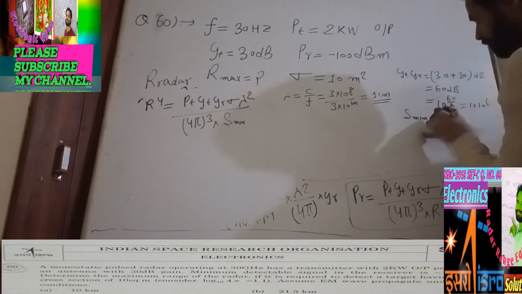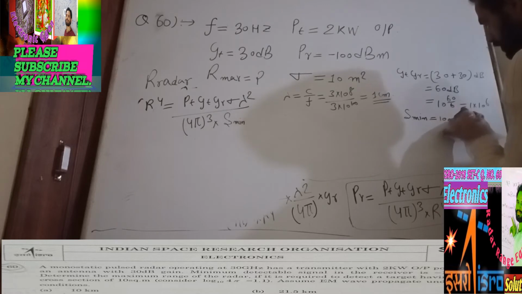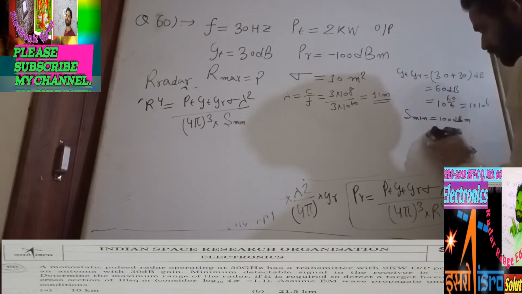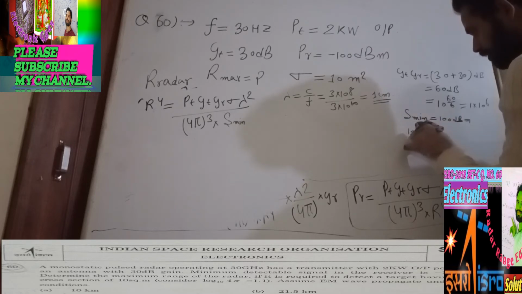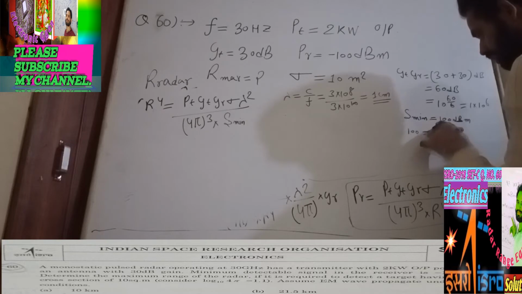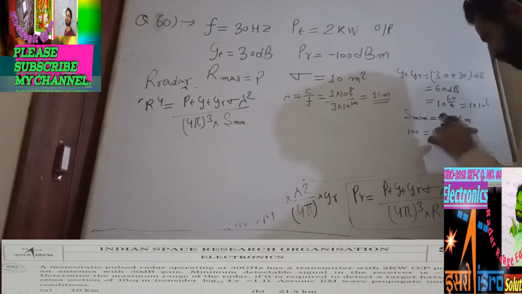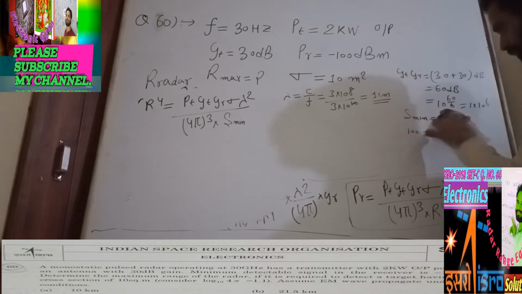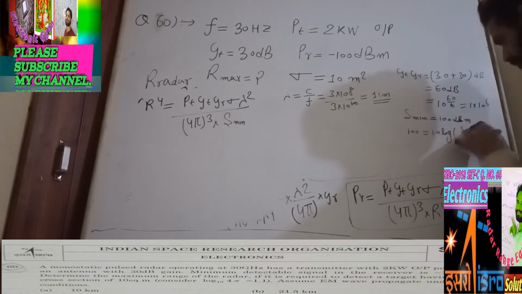Okay, so GTGR and the minimum detectable signal. The minimum detectable signal is given as 100 dBm. How much is this? 100 dBm is equal to 10 log of the minimum detectable signal, S minimum, divided by 10 to the power minus 3.